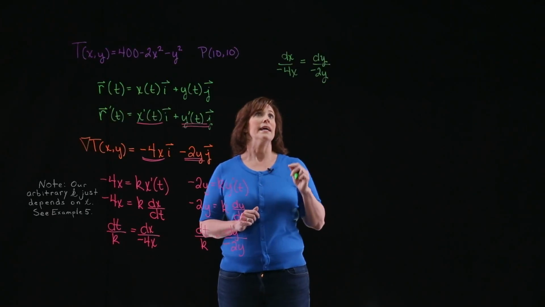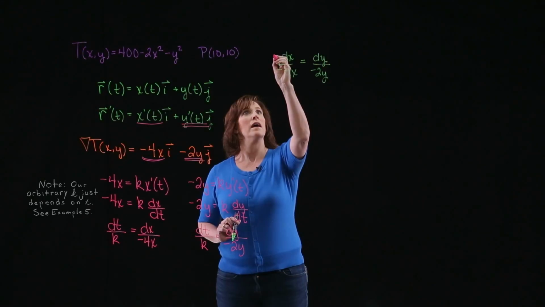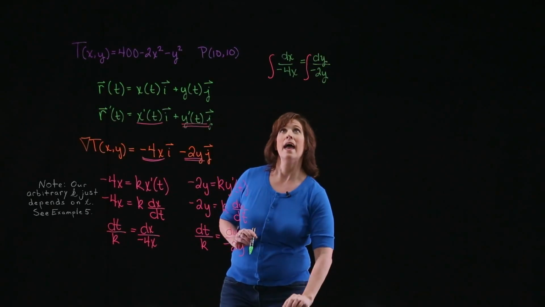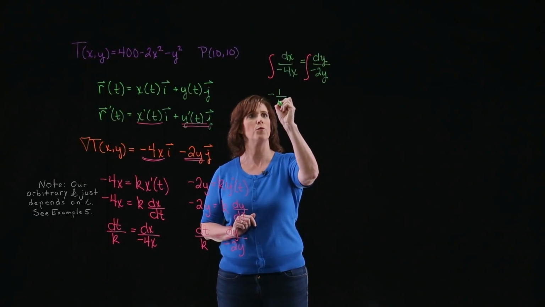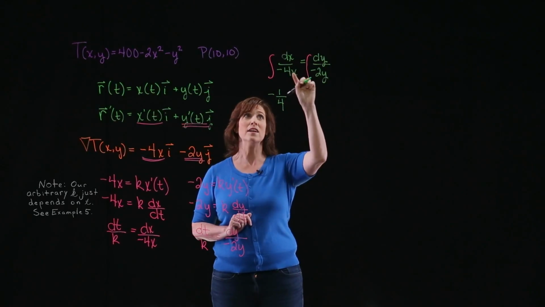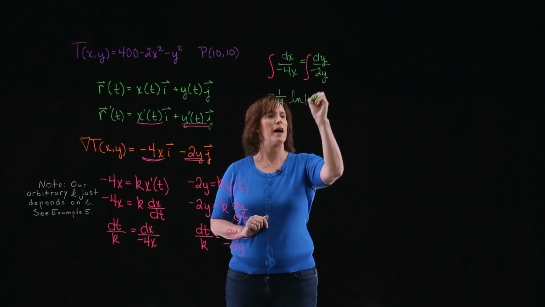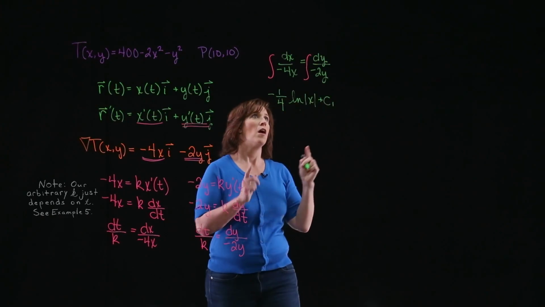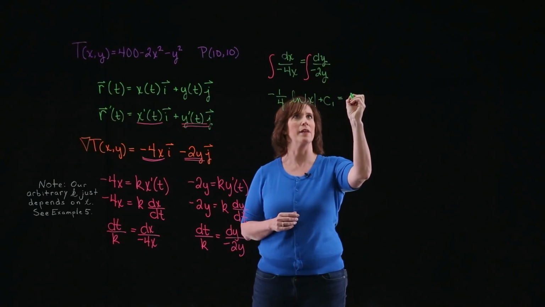So what I'll do is I'm going to integrate both sides. And on the left-hand side, I have a constant multiple of minus 1/4 that can be pulled out. And the integral of 1 over x dx is the natural log of the absolute value of x plus some constant. On the right-hand side, I have a minus 1/2 that I can pull out.